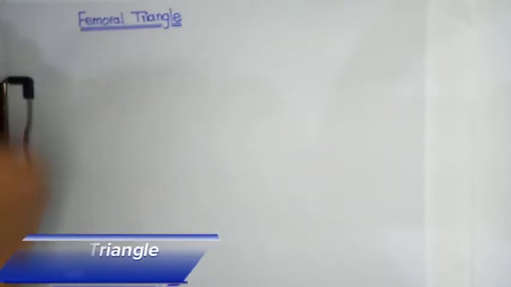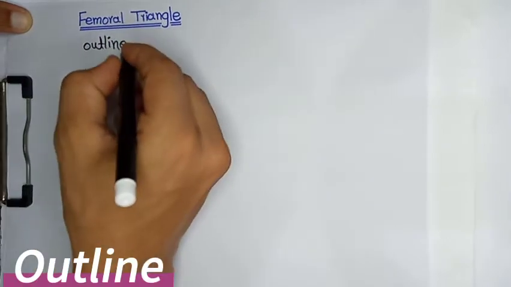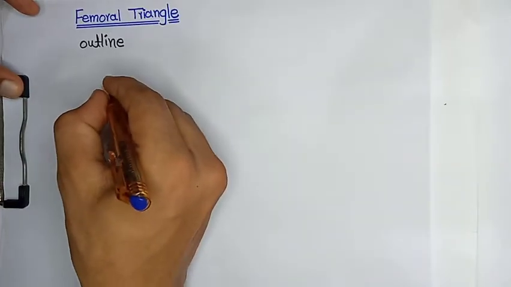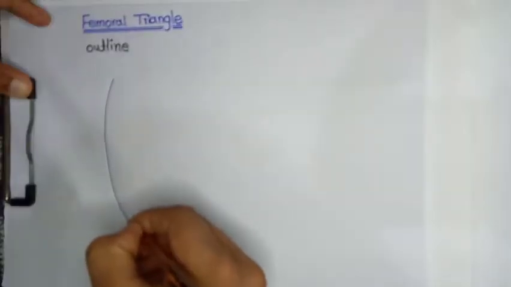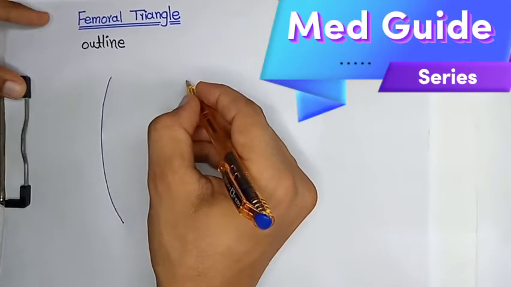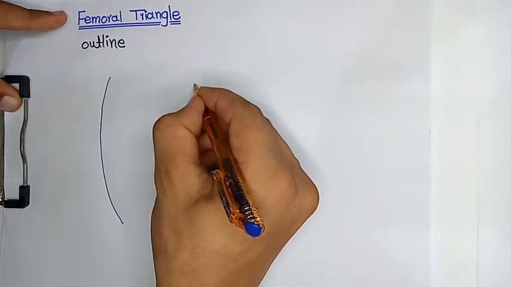Now, to make the idea more clear, we take another example to make use of the color coding in diagrams. This is femoral triangle. First, the outline of femoral triangle. This is lateral side.